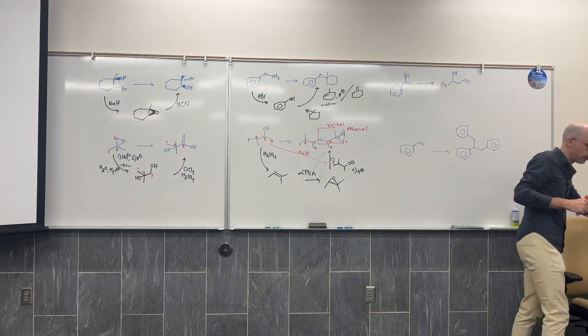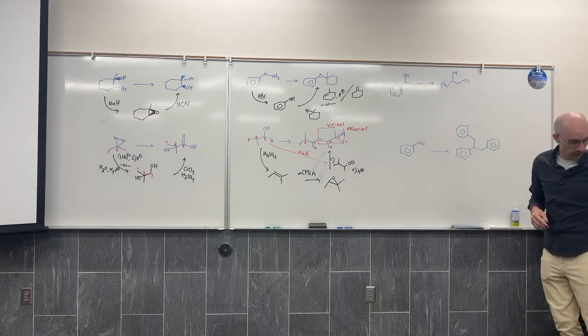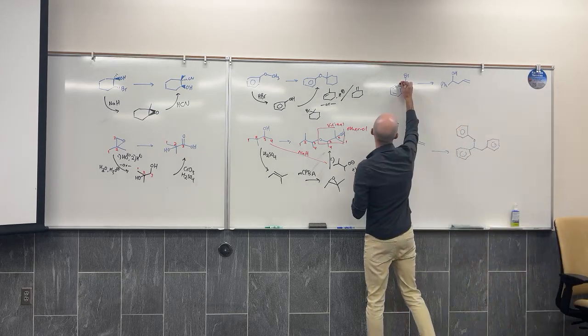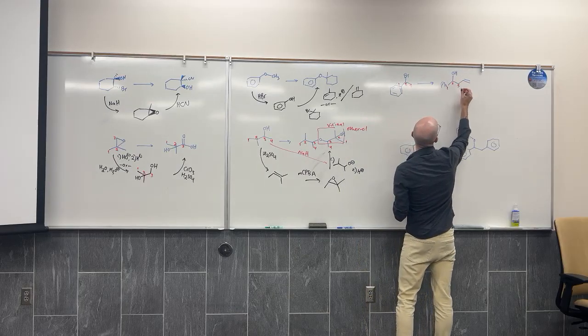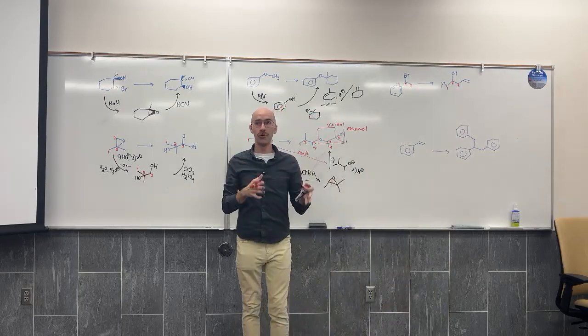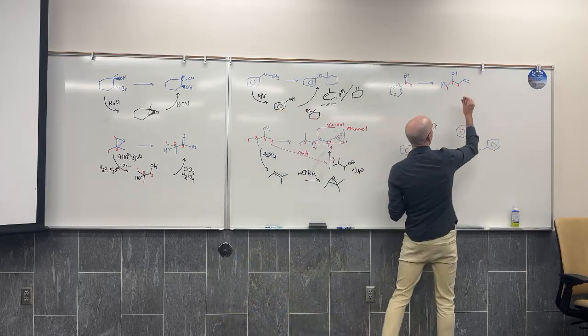Our last two were meant to be 4 steps, but the first one I saw being solved in 3. So what I want you guys to notice here is when we map our carbons, we get a new carbon-carbon bond vicinal to our alcohol.